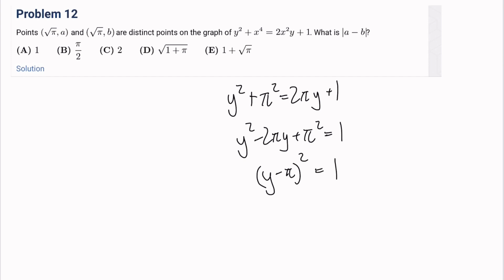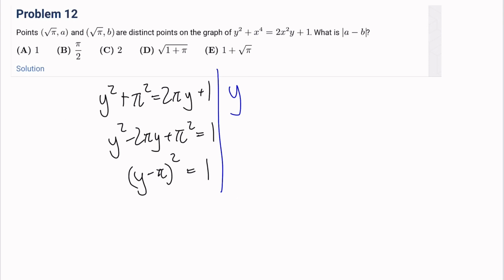And so that gives us that, I'll move this whole thing over to the left, y equals 1 plus pi or minus 1 plus pi, right? Because then that way this would be either 1 or minus 1. And so for the absolute value of a minus b, one of these is a and the other is b.